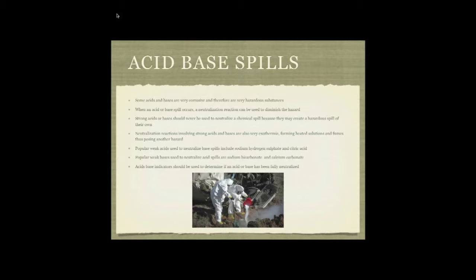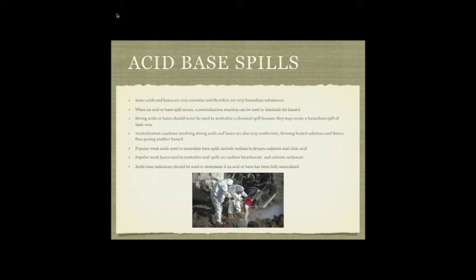Some acids and bases are very corrosive and therefore are very hazardous substances and can often damage the environment or harm humans. When an acid or base spill occurs, a neutralization reaction can be used to diminish the hazard. Strong acids or bases should never be used to neutralize a chemical spill because they may create a hazardous spill of their own.